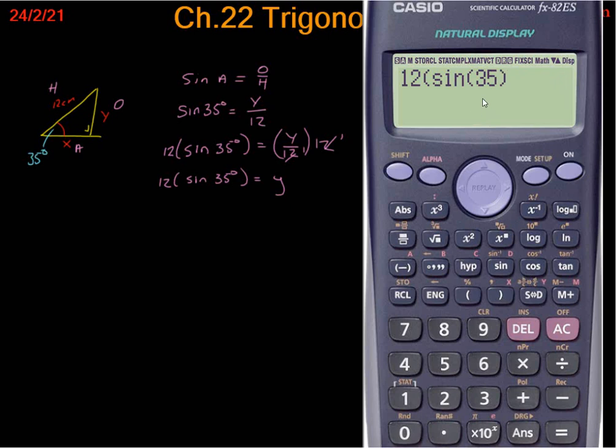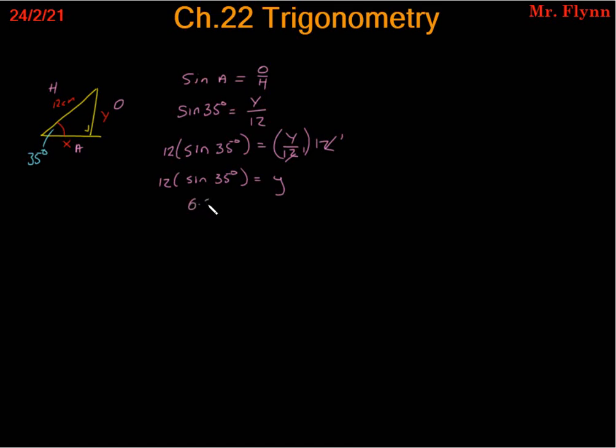Close that. Now that bracket here is only closing this bracket. We have also got to close this one. So bracket again a second time, equals, and we're going to get 6.88, and I'm just going to leave it to the 2 decimal places here. So y then is equal to 6.88 centimeters.